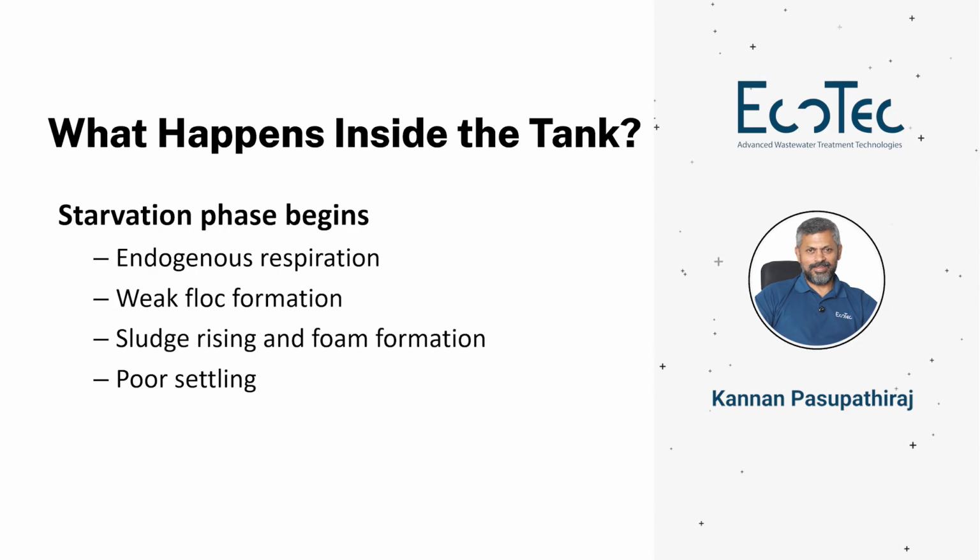This is where we have to understand what insufficient substrate, or food, causes. Bacteria at this stage enter into a mode of starvation. They begin what is known as endogenous respiration, which means they're eating themselves. They start to eat their own stored energy, or the mighty bacteria eat the weaker ones.